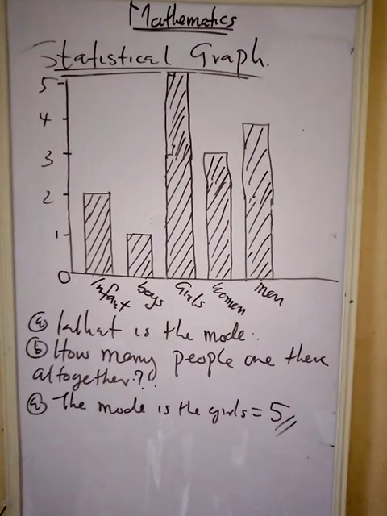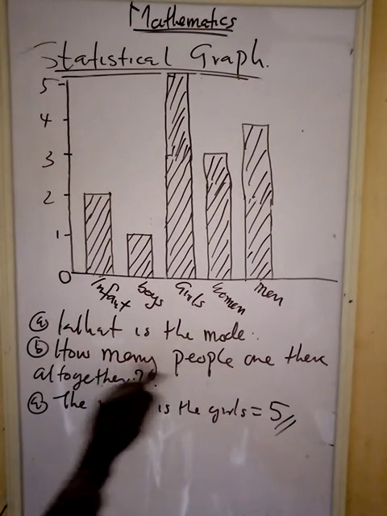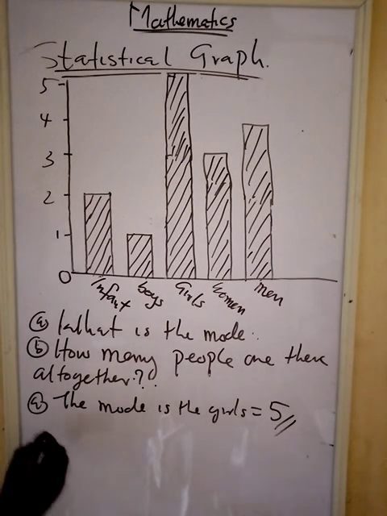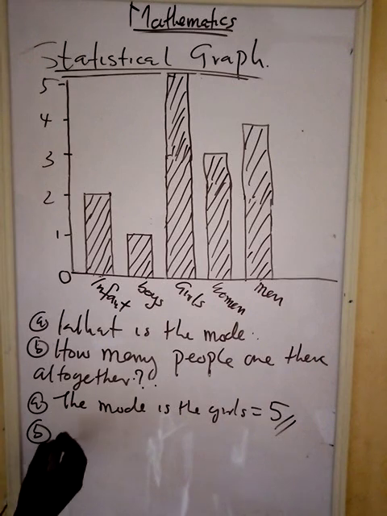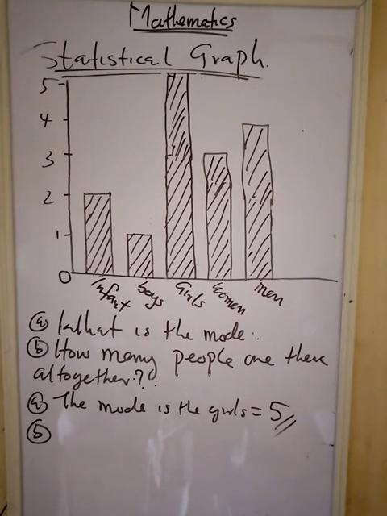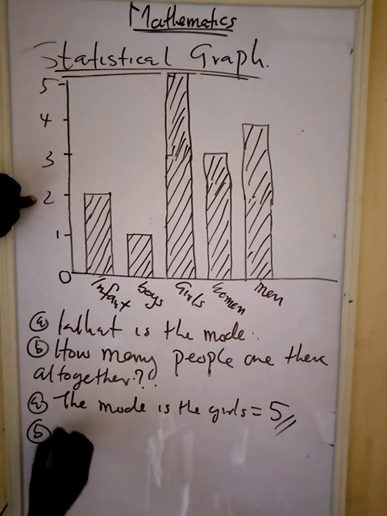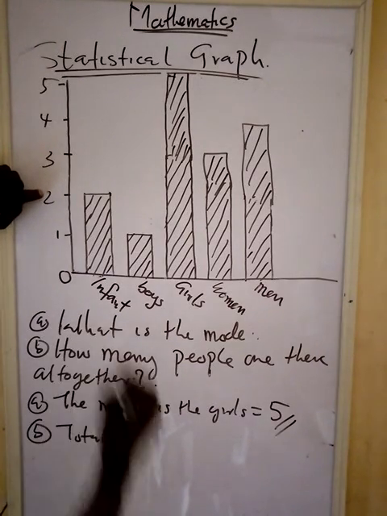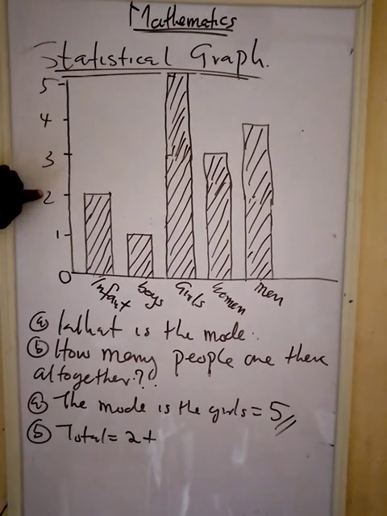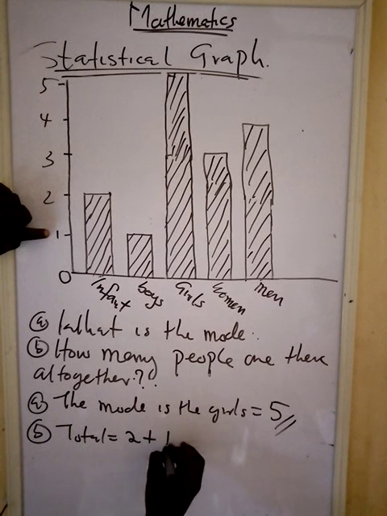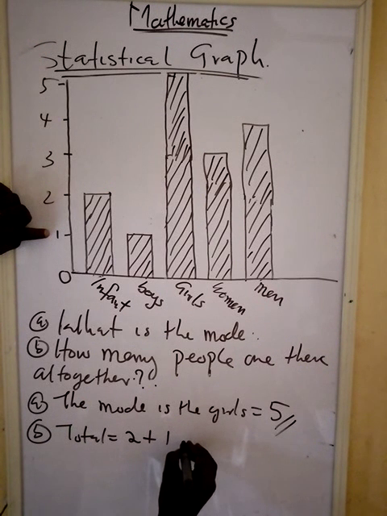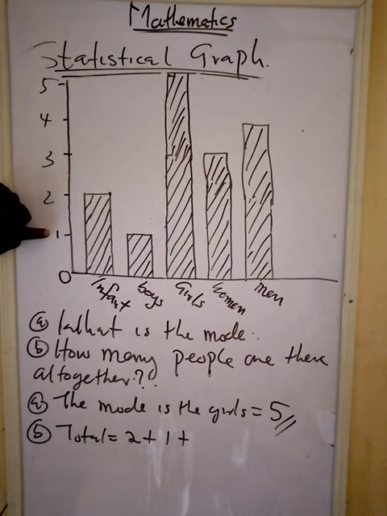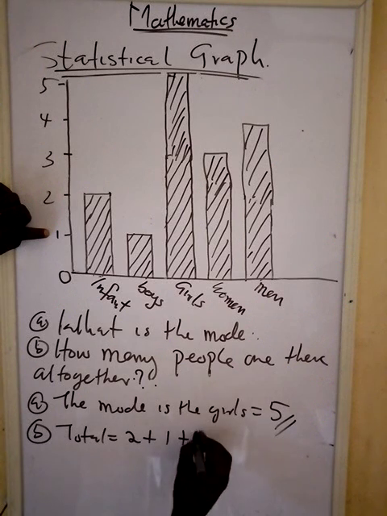Now the next question is, how many people are there all together? Let's start. Infants: 2. Plus boys, they are 1. Then girls are 5.